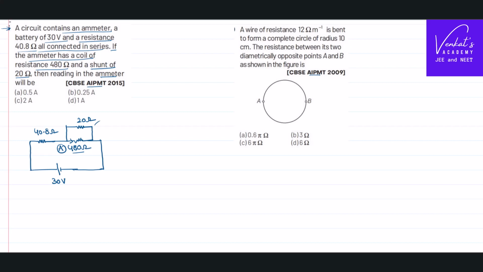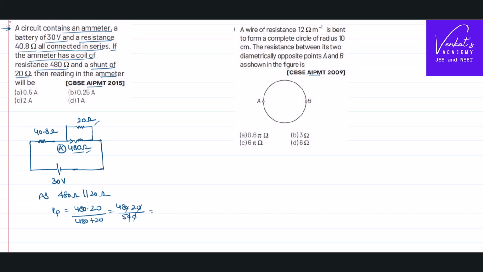This 480 ohms and 20 ohms are obviously in parallel. So, the effective resistance of 480 ohms parallel to 20 ohms is 480 into 20 by 480 plus 20, that is 480 into 20 by 500. These two zeros and these two can be cancelled.